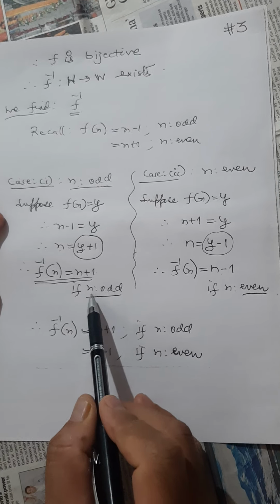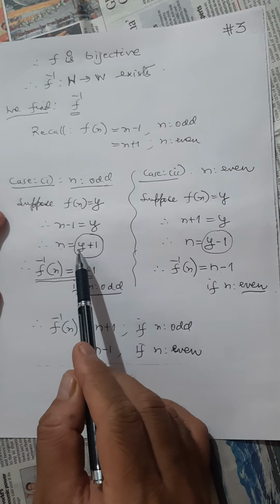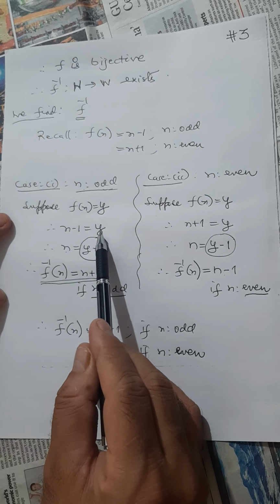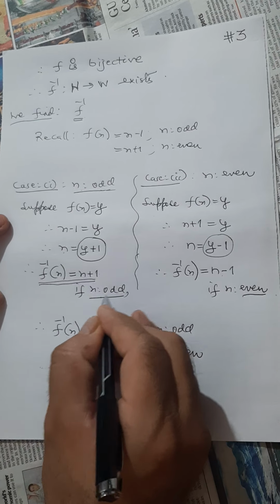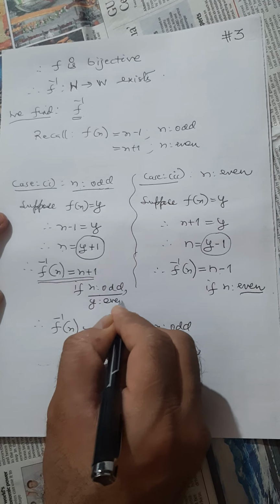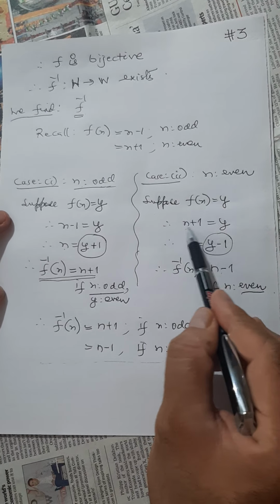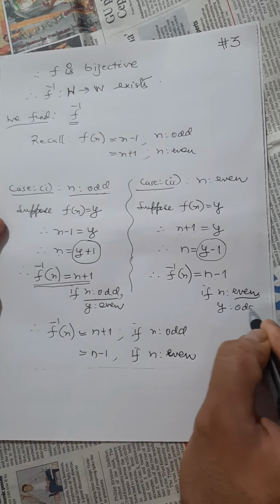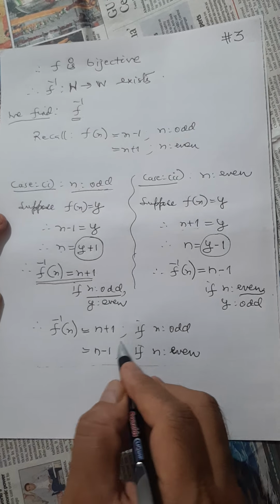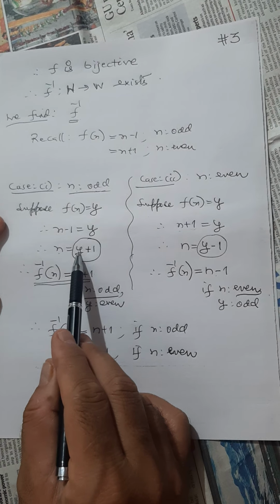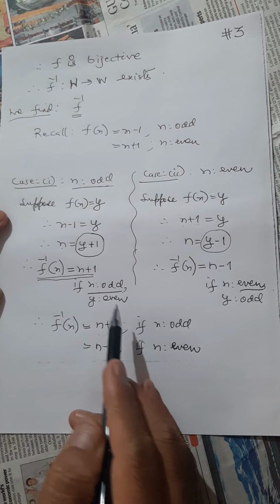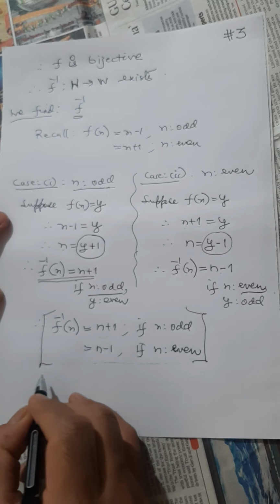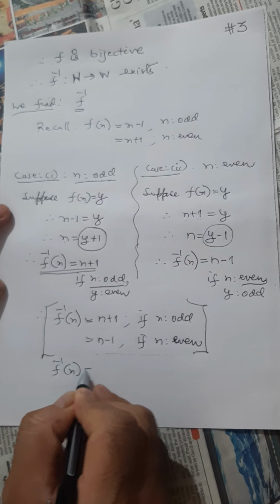Now here, if n is odd, you can see that this becomes even, odd minus 1. So y becomes even. So if n is odd, then this y is even. Now if n is even, then n plus 1 is odd. So here y becomes an odd number. So here I have replaced y by n. So this is like y. So instead of this, if I write y only, it would be more clear.